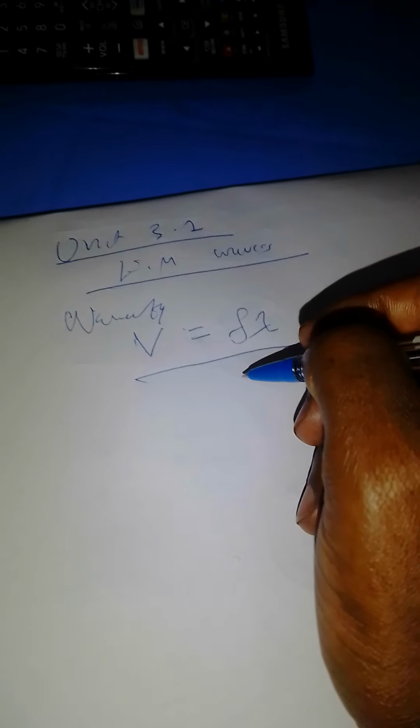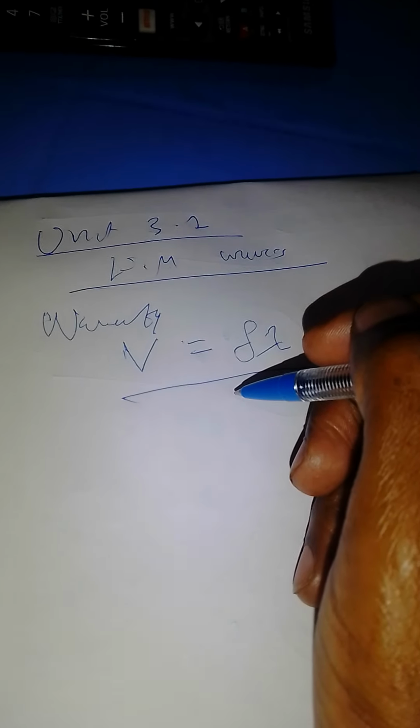Very important. We have said that EM waves are produced when electric fields and magnetic fields interact with each other. That is very, very important.